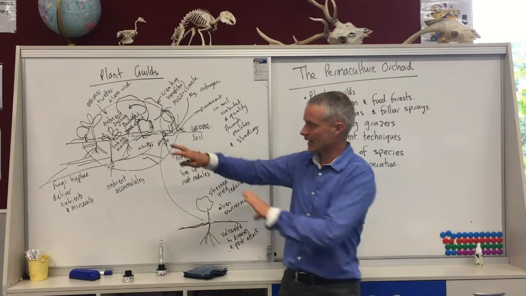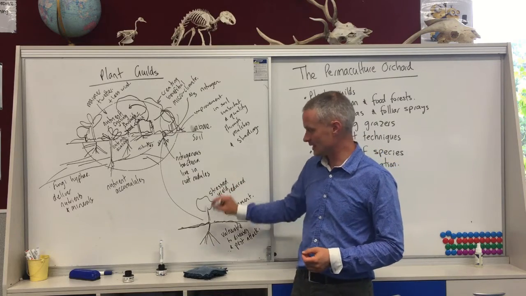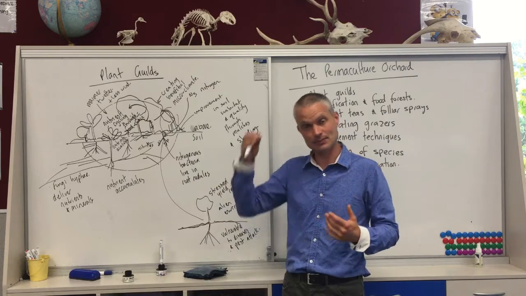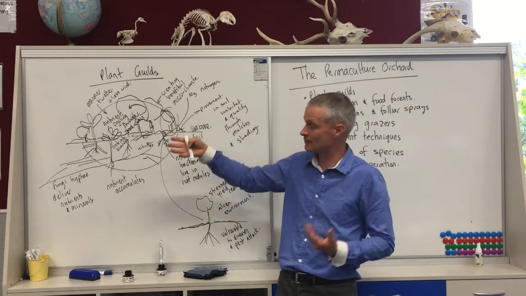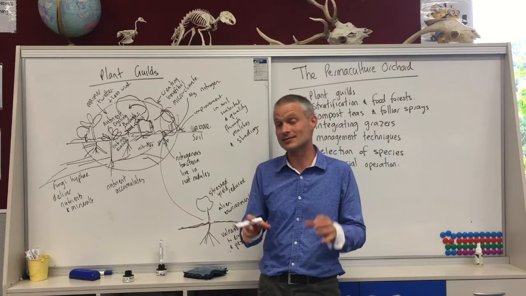But as soon as you take out all of these interactions, you make any individual element a lot more vulnerable to diseases and pests, because it hasn't got all those checks and balances that a more diverse system provides.